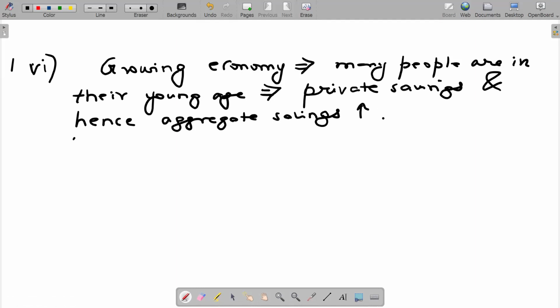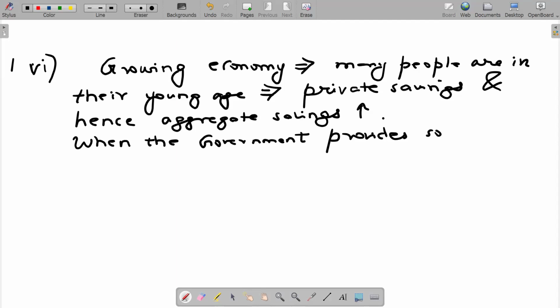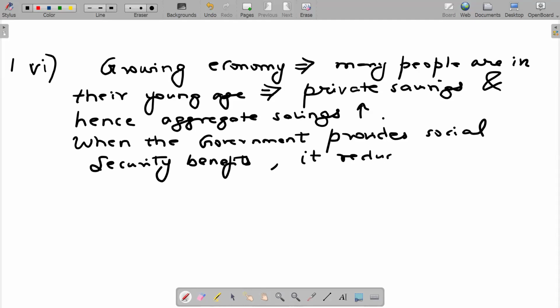And I can write, when the government provides social security benefits, it reduces the private savings.